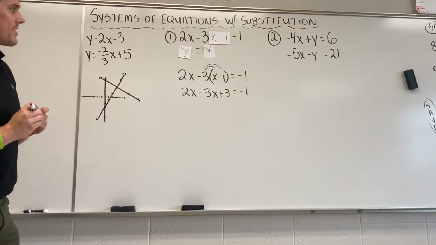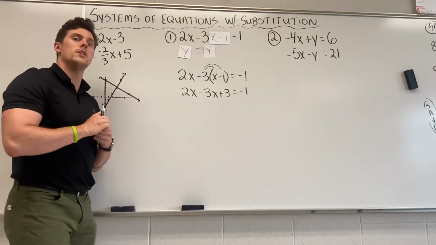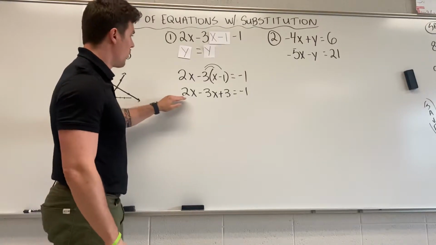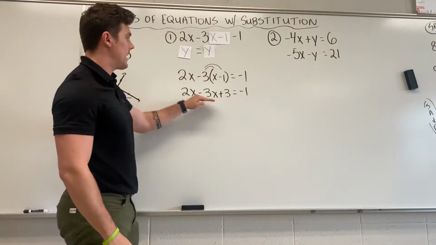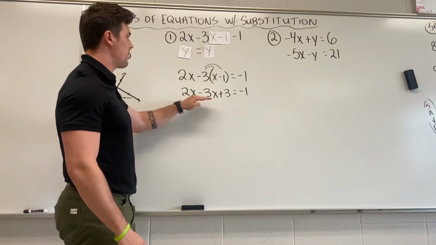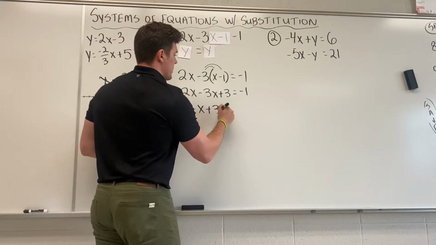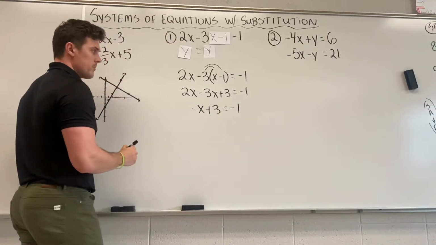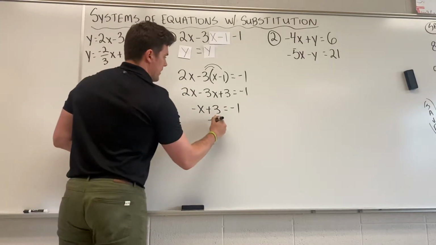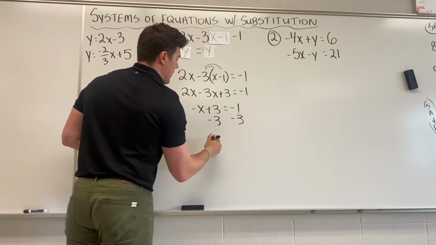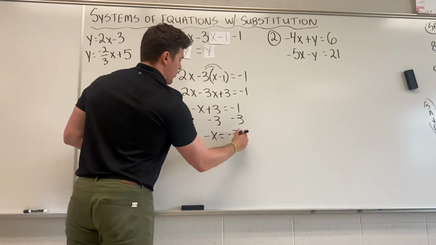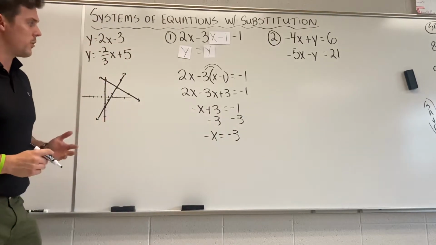And who can remember how to simplify this equation? Yeah, combine like terms, exactly. So we can combine like terms. We've got 2x and -3x. Those 2 have the same variable, same exponent. I can combine those. I get -x plus 3 equals -1. Okay, and now I can go ahead and subtract 3 using my inverse operations here. I end up with -x equals -3, right?